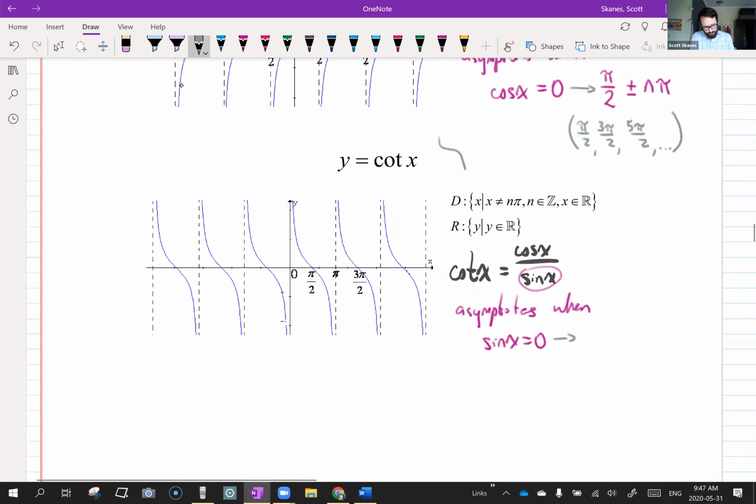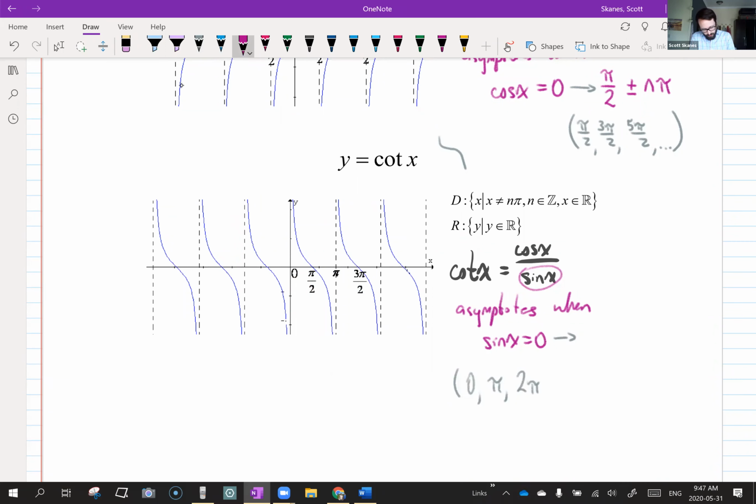Well, I can see some. I can see 0. I can see there's an asymptote at pi. See there's an asymptote at 2 pi. I can see that this is 2 pi over here. There's an asymptote at negative pi, at negative 2 pi, at negative 3 pi. So all of these are okay.